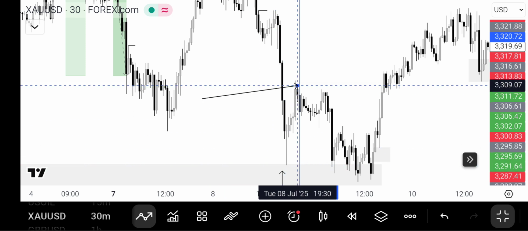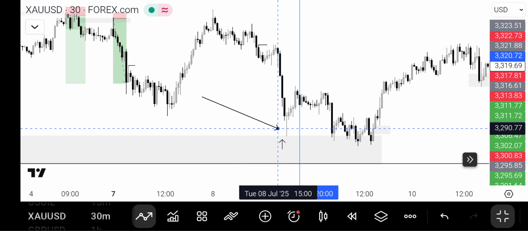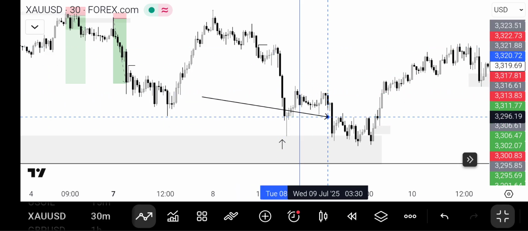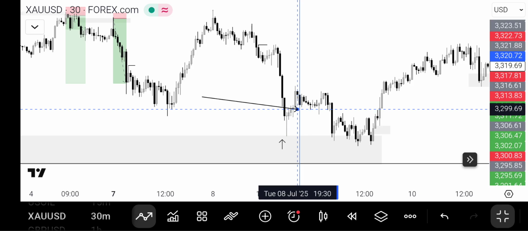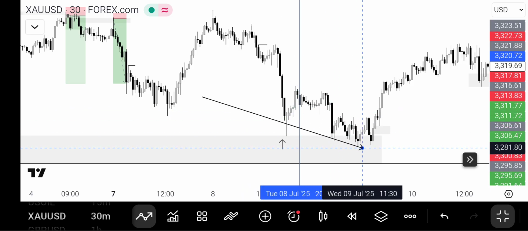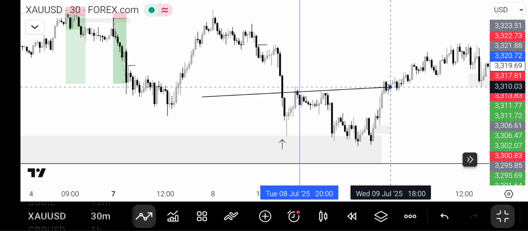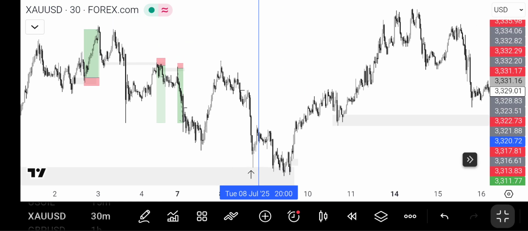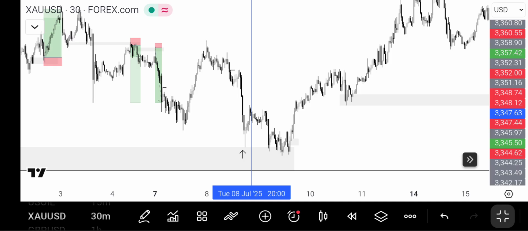Then it moves up. On the lower time frame, the 15 minutes, 5 minutes, you will see a market structure shift. This here as your inducement. Then you will pick another block from here, and gold taps in properly, and then it started drying up. Can you see that? It faked out this low.